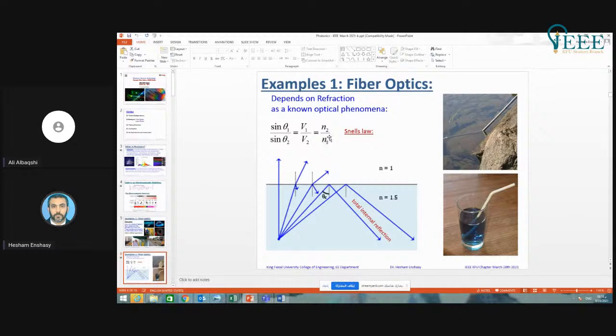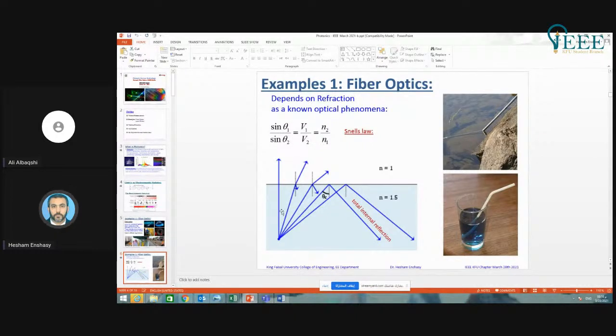And the refractive index in medium number 1 and 2 could be, for example, for air equal to 1, for glass equal to 1.5. And once you have these two media, then you can trace the light going from the first medium to the second medium by this law, which is Snell's law.